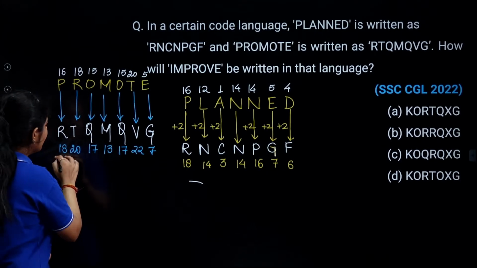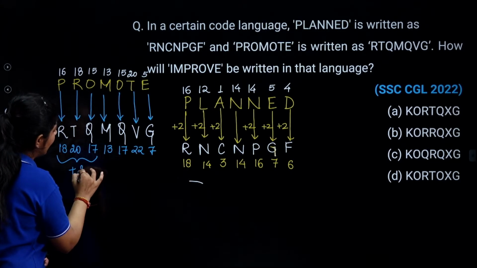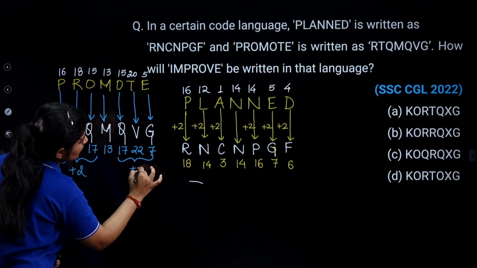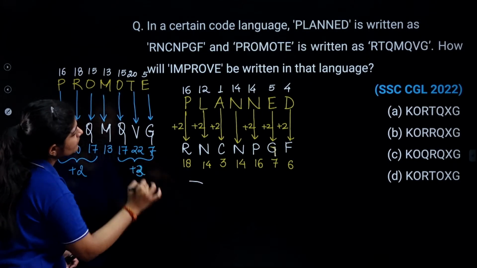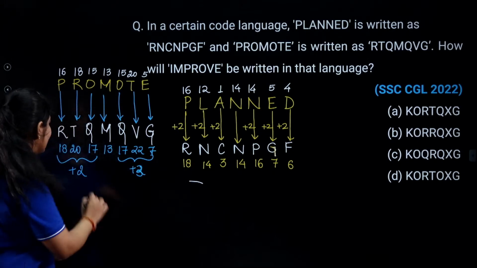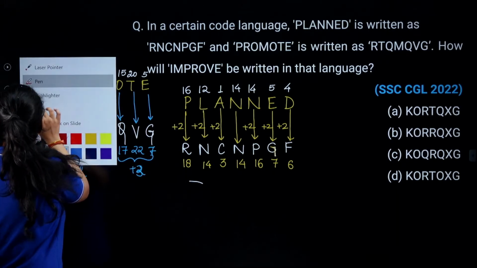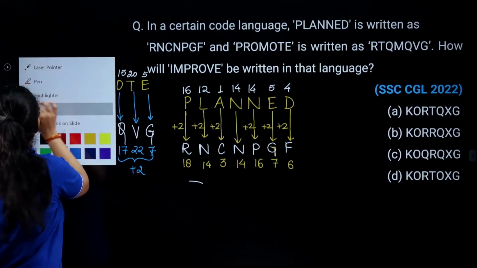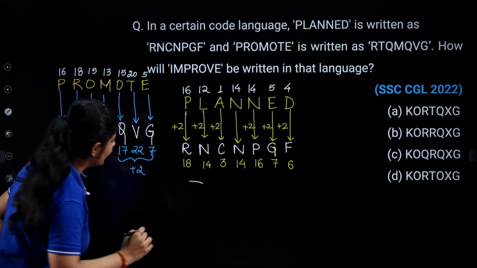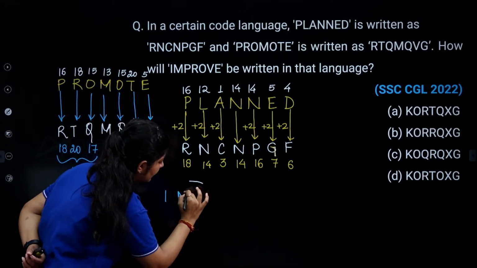Now, what we need to do? We just simply need to apply the same pattern with this word improve and we will get our answer, right? Okay. So, here we are having improve.